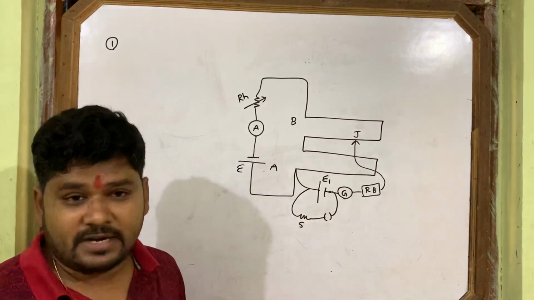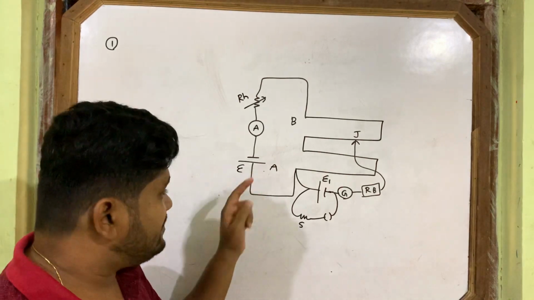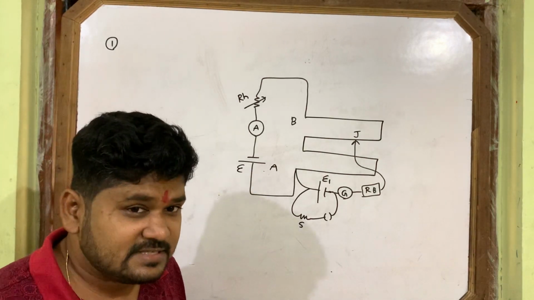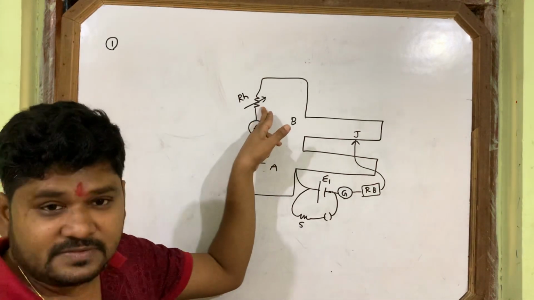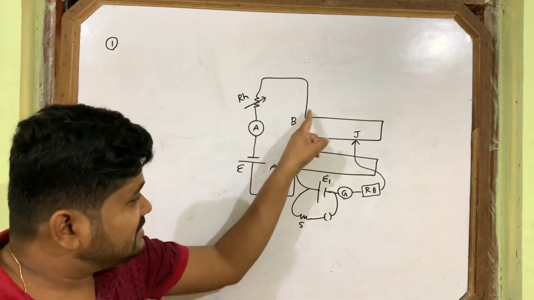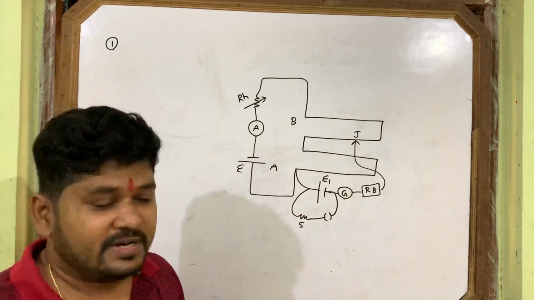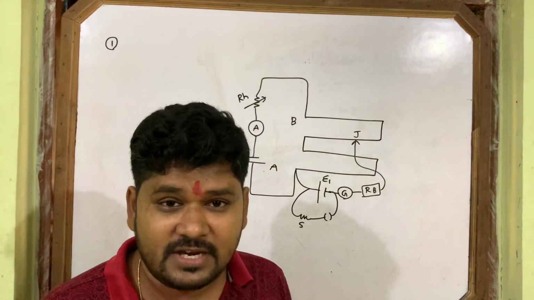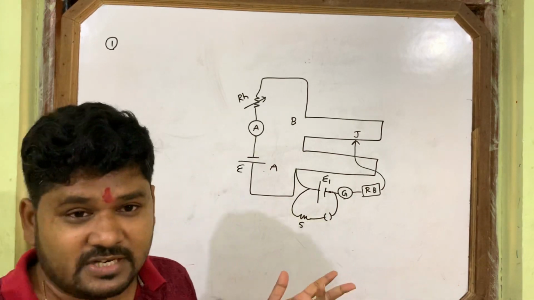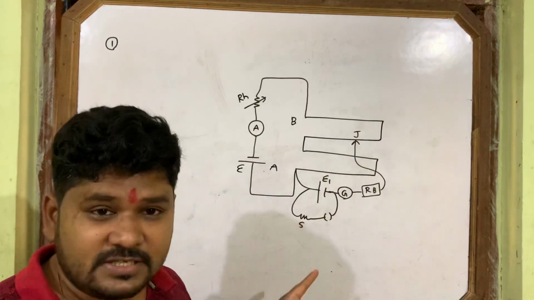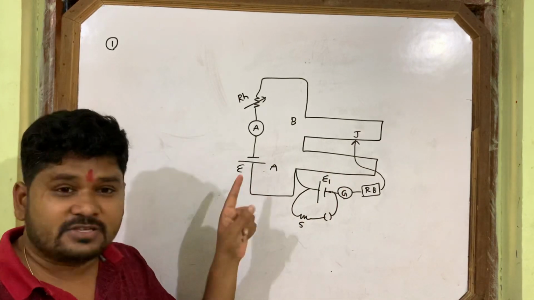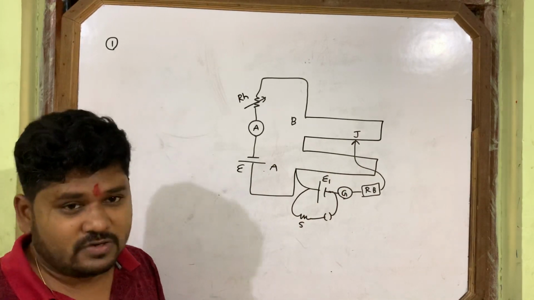Only this cell provides current. And that current passes through how many resistors? This is one resistor, the rheostat. This is one resistor, the AB wire. The AB wire is also one resistor, a high resistive constantan or manganin wire. And if this cell has some internal resistance, you have to include that also.